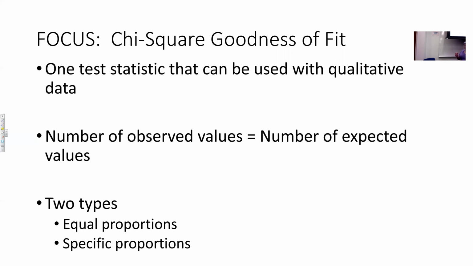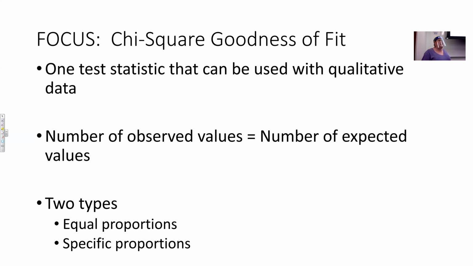These particular problems kind of fall into two different types. There's a scenario where you can have equal proportions, or they're divided equally into categories, or you can have specific proportions. Those specific proportions may be based on historical data, where you've maybe researched what's happened in the past 10 years or the past 20 years.